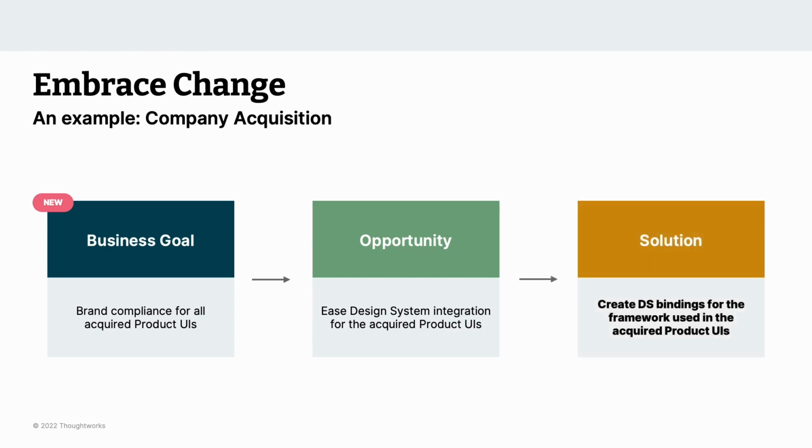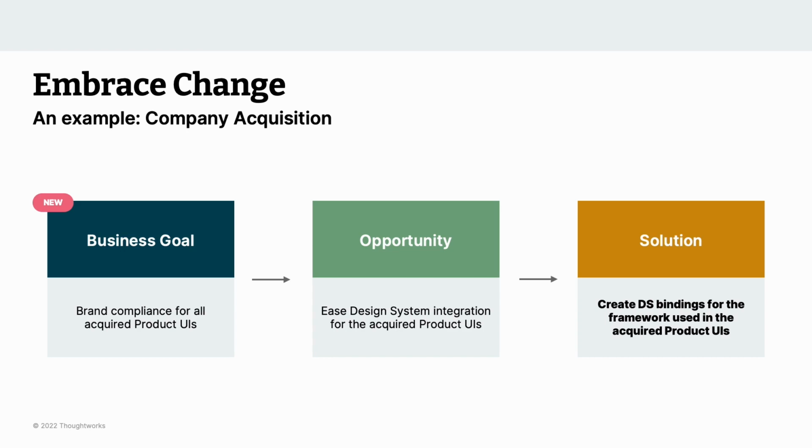One solution bound to those opportunities, not the only one, could be to start supporting whatever framework they are using in those UIs. So imagine that you have a design system built in vanilla web components, with bindings only for Angular, and this new company that you have acquired is using React.